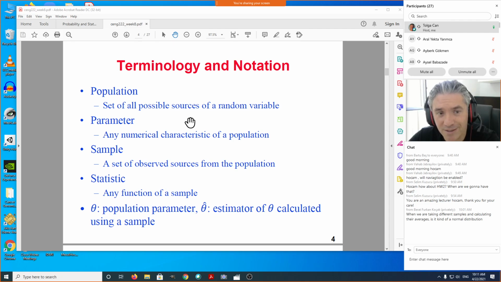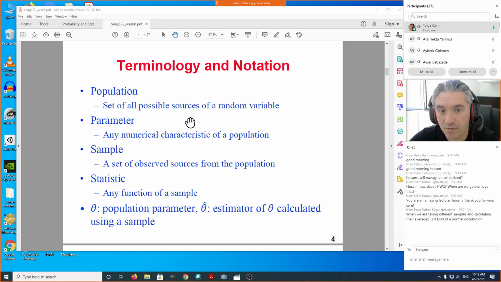So population, as I said, is the set of all possible sources of a random variable. It's like your entire sample space. Not the sample space, actually. If you remember, a random variable is some numerical value about an outcome. So we first map each outcome to a random variable. For example, our outcomes may be the students themselves, but the random variable in that case is the age of that student.